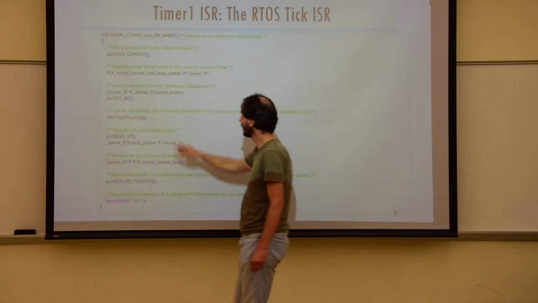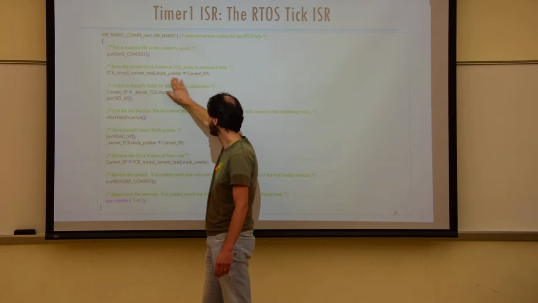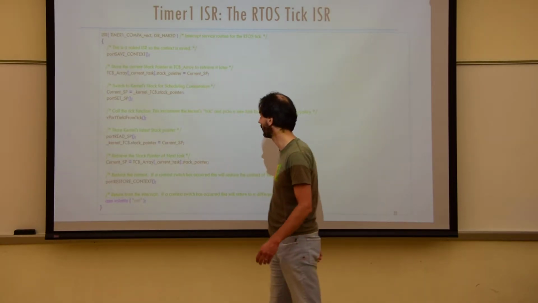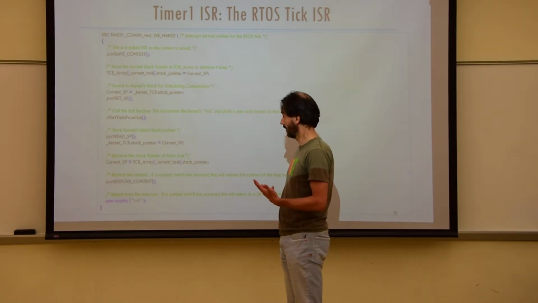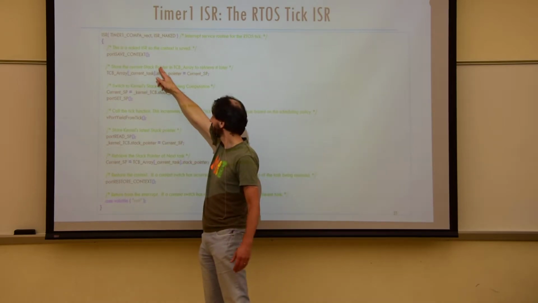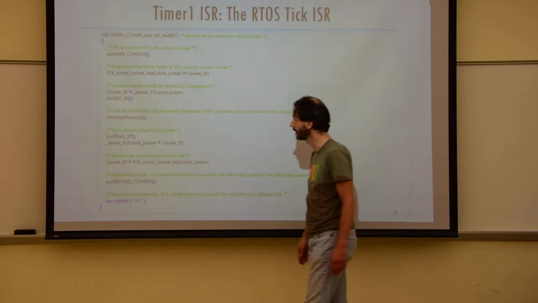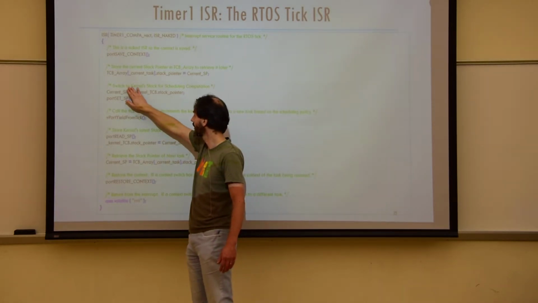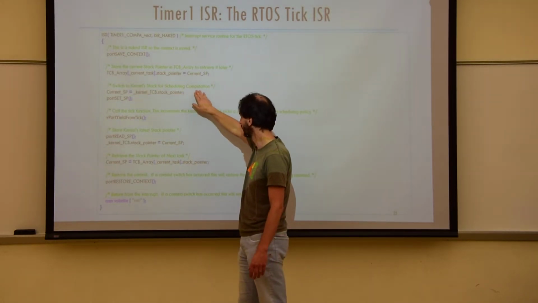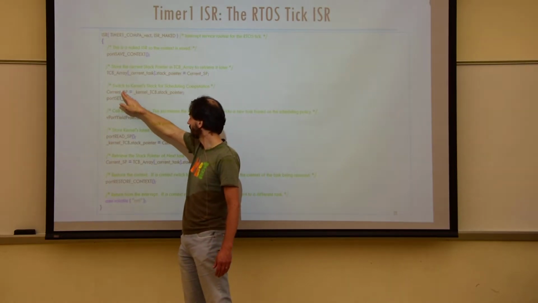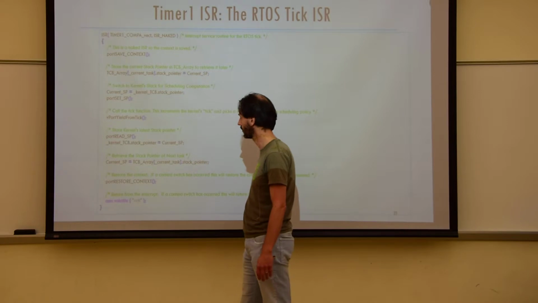Well, here we have the array of all the tasks, and we store the current stack pointer in the TCB array to retrieve it later, so it's important. And then we switch to the kernel stack for scheduling computation. So the current stack pointer becomes the kernel's one.